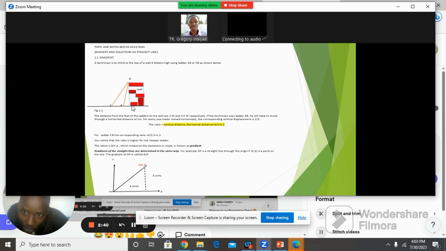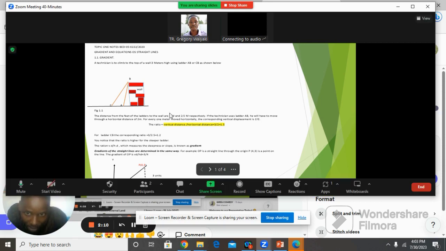And here we are going to say that gradients of straight lines are determined in the same way. For example, we have OP, a straight line through the origin, and given that the point P (4, 3) is a point on the line, the gradient of OP is the vertical distance over the horizontal distance.